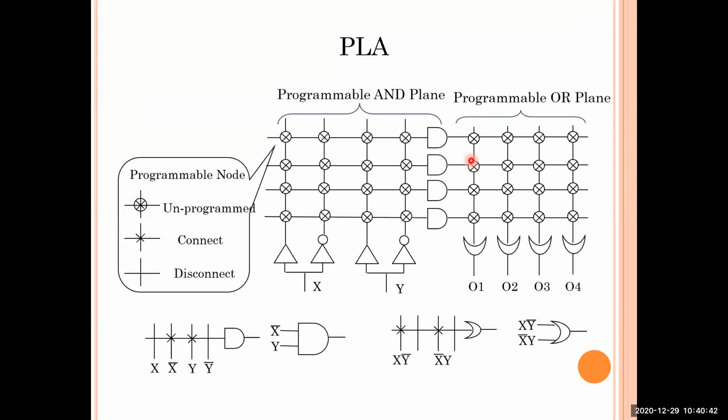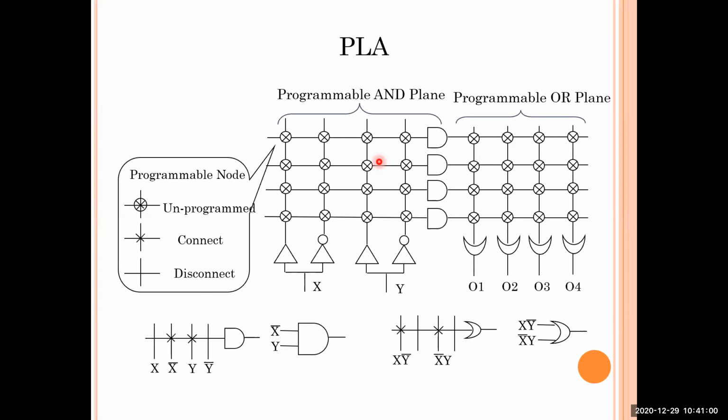Thus, a PLA maps a set of Boolean functions in a canonical order. With the help of PLA, we can design any kind of Boolean function in canonical order, that is, two-level SOP forms in a geometric structure.